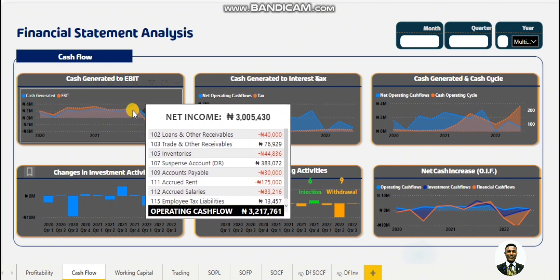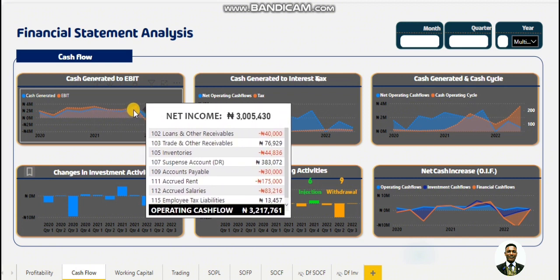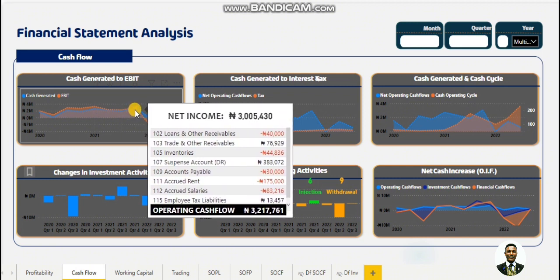So right from the start of the business down to the third or last quarter of 2021, the cash that is actually with the business has not always been the same with what was recorded. What was recorded has always been more than what is received, clearly showing there's still some of its cash that has not been recorded.